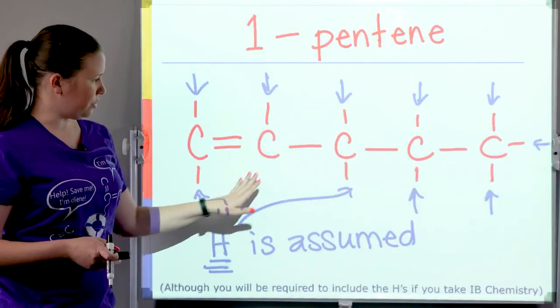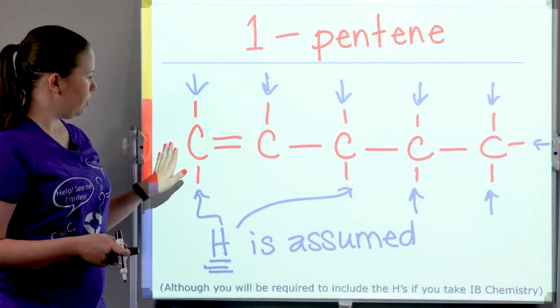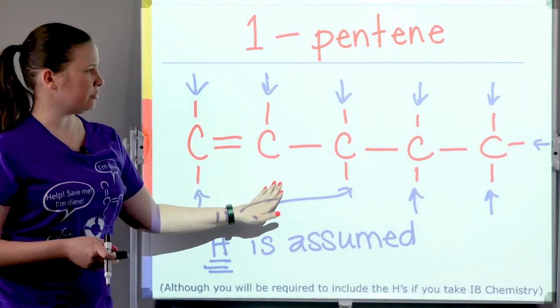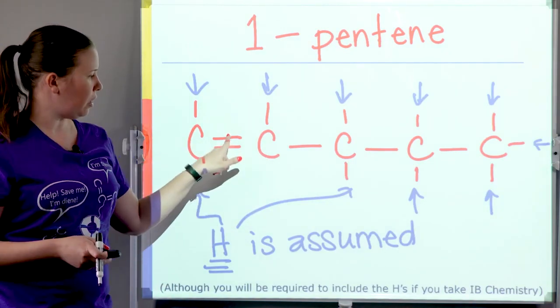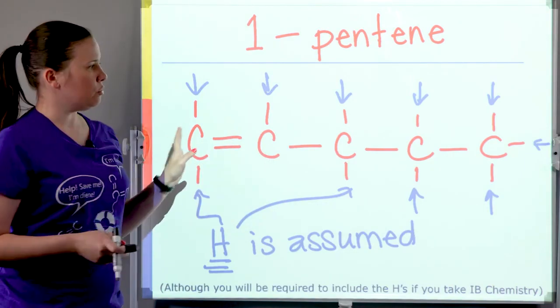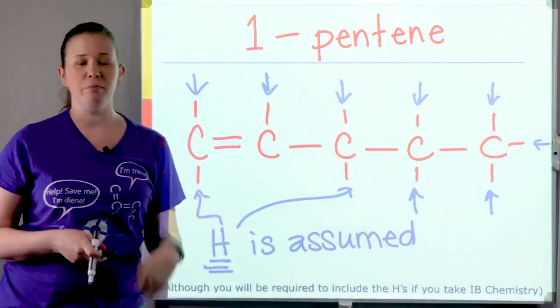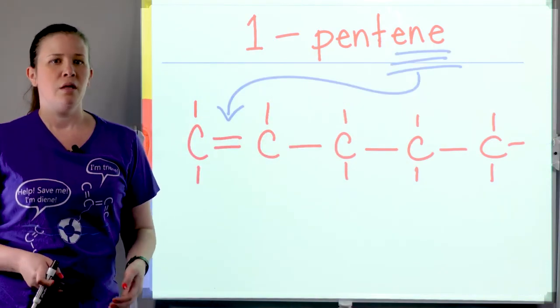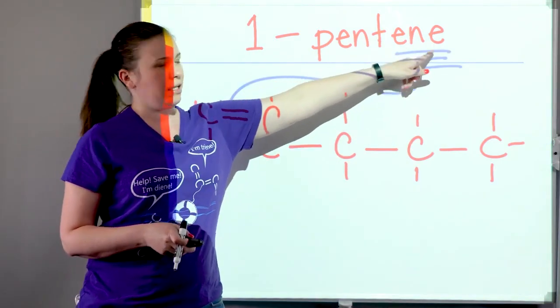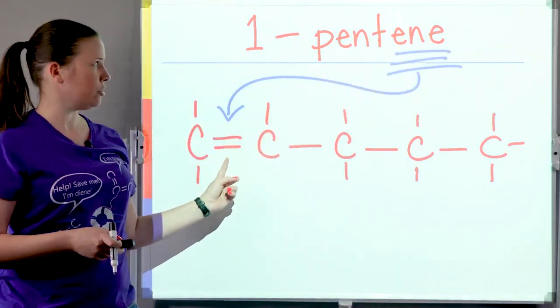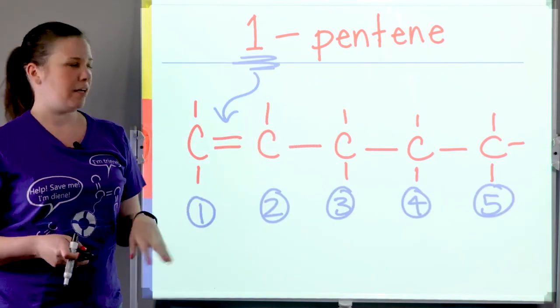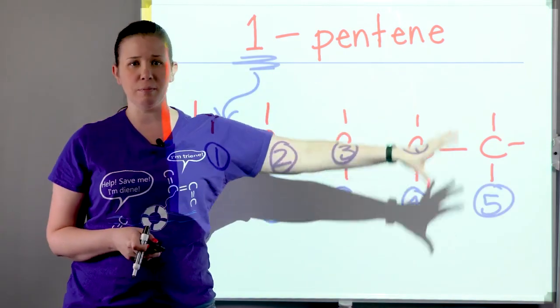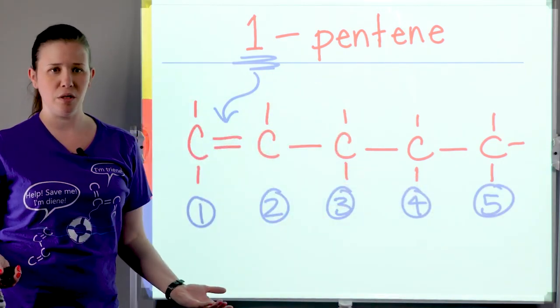First of all, the hydrogens that are attached are different. We have less hydrogen on the first and second carbon because I have the double bond there. So it would be assumed that the hydrogens fill in based on the octet rule. Then we change the ANE to ENE to acknowledge the double bond. And then finally, we have to say where that double bond is placed, because it could be anywhere throughout the molecule.